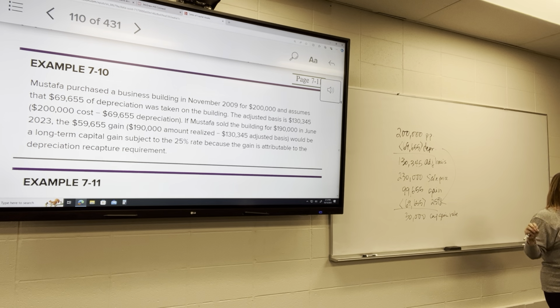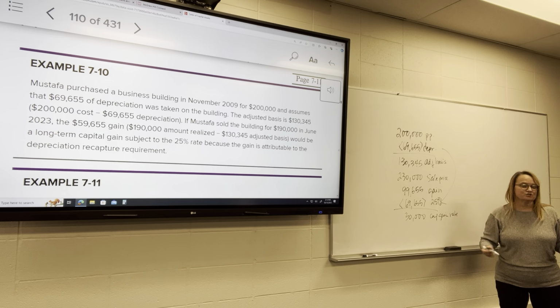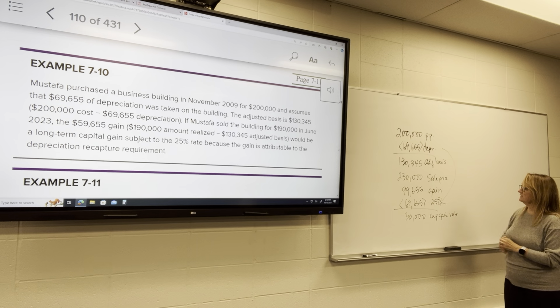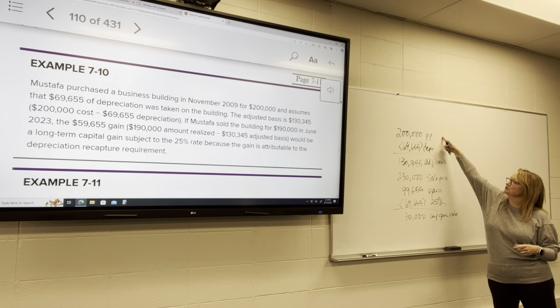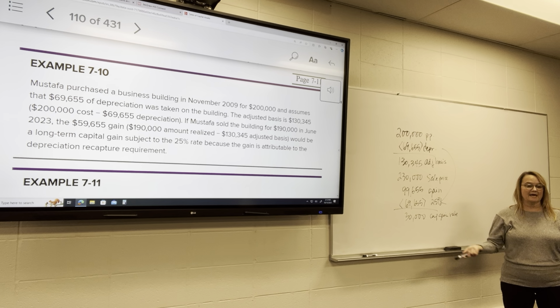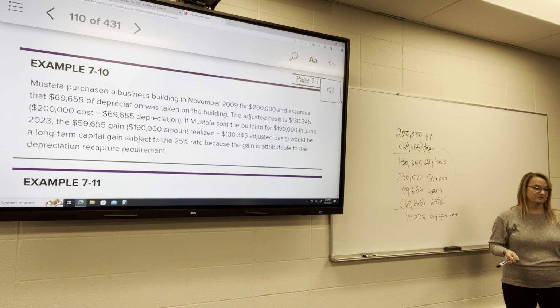So you have to separate out those two. The other way to do it is just to look at it as appreciation. How much did it go up in value? Well, we bought it for 200,000, we sold it for 230,000, it went up in value 30,000. That means that amount of the gain is due to appreciation, which is going to get that preferential tax rate. Does that make sense?